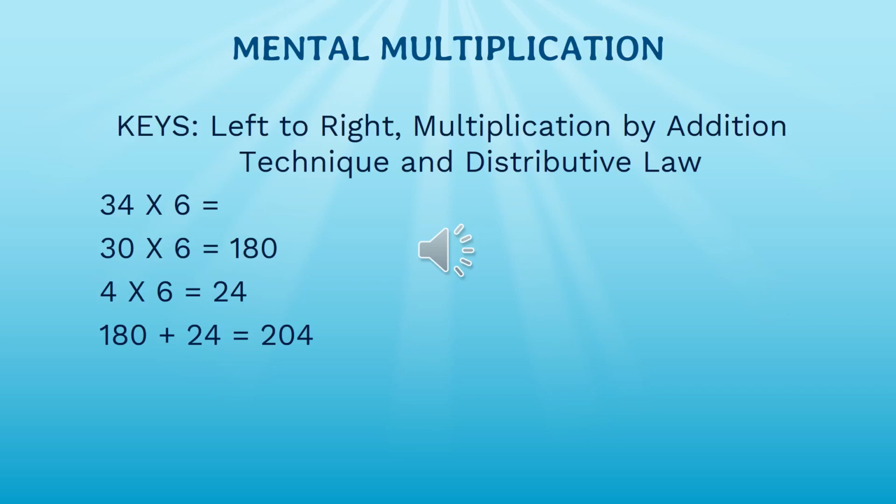Now 30 times 6 is equal to 180, and 4 times 6 is 24. Adding these two together, I will get 204. What I used here is the left to right method, the addition technique, and the distributive law.